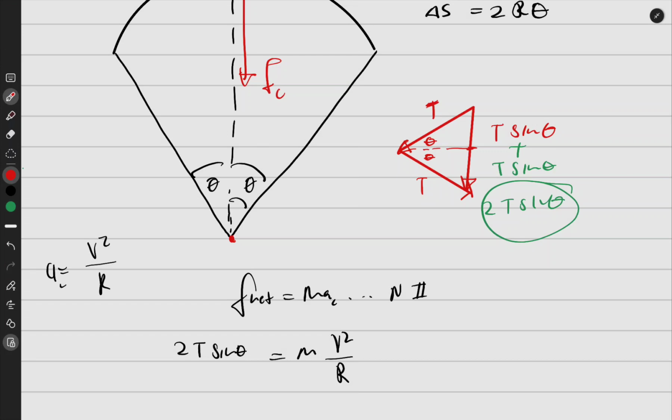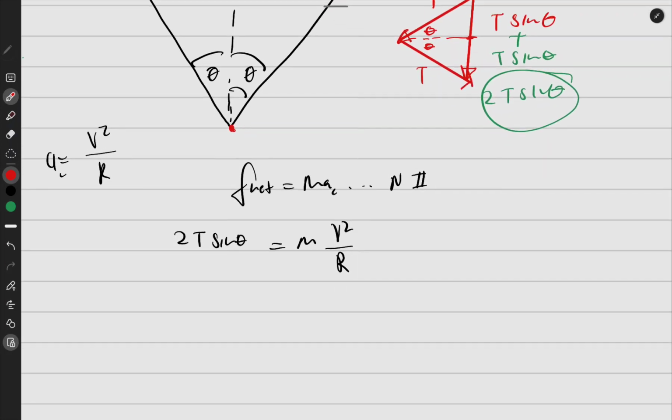What else do we know from here? If we're looking at very small thetas, sine theta can be approximated to be theta. You can take your calculator and try to put it in.